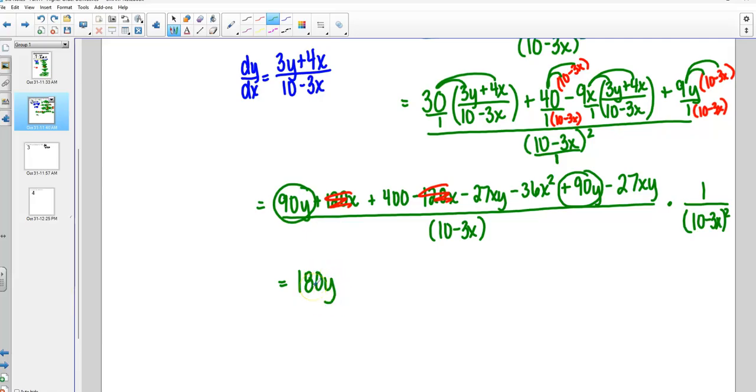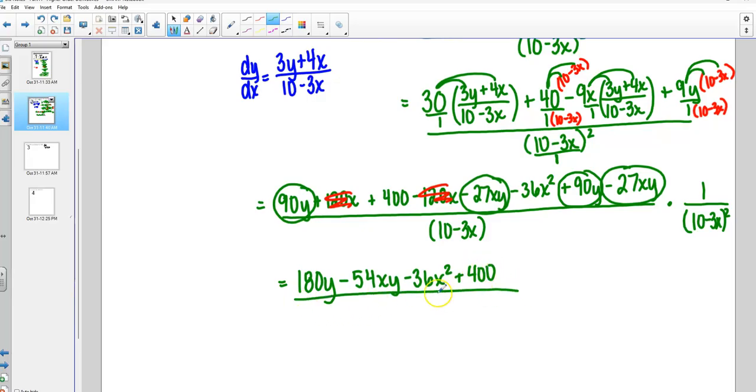I've got the negative 27xy and the negative 27xy. So that's negative 54xy minus 36x squared plus 400 over 10 minus 3x cubed.